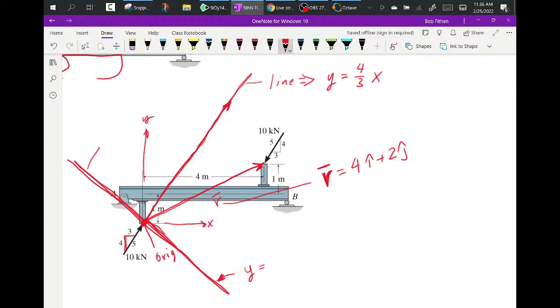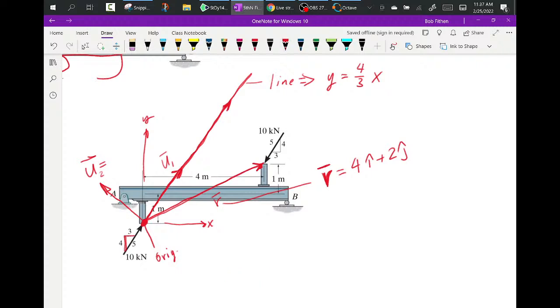But what I really want to do, this looks weird, is take the unit vector in this direction, and also a vector this direction. Let's take a unit vector in this direction. We'll call this unit 1, and I'll call this unit 2.